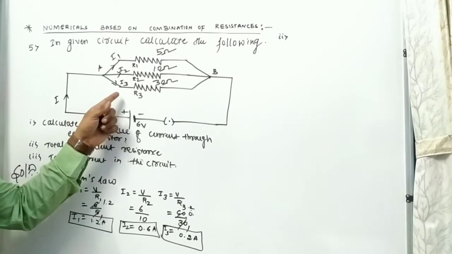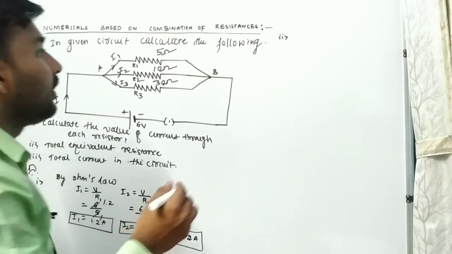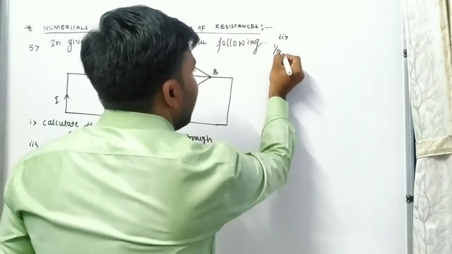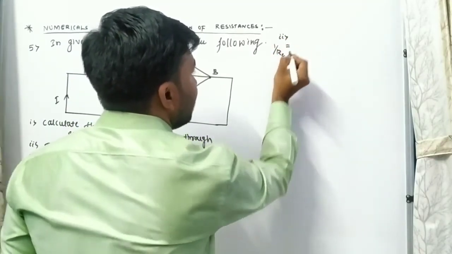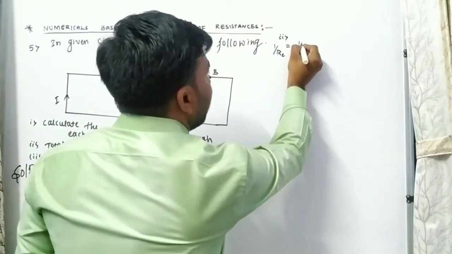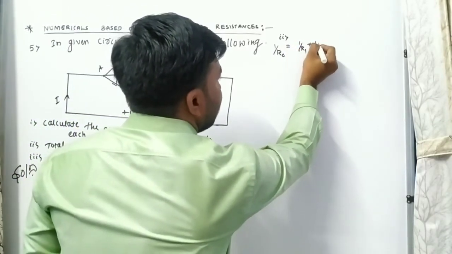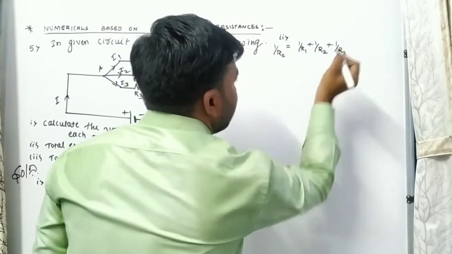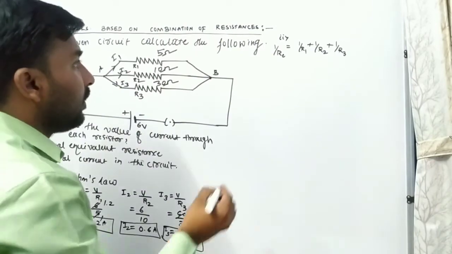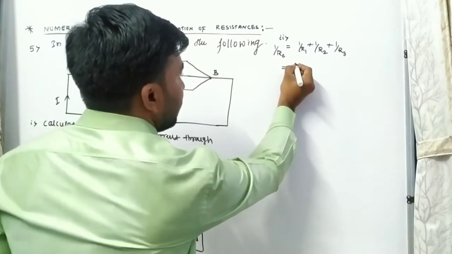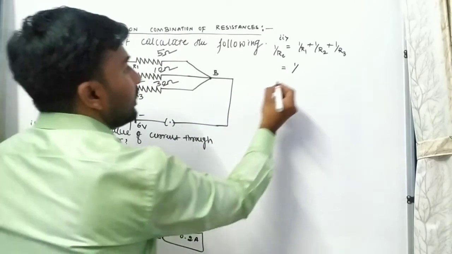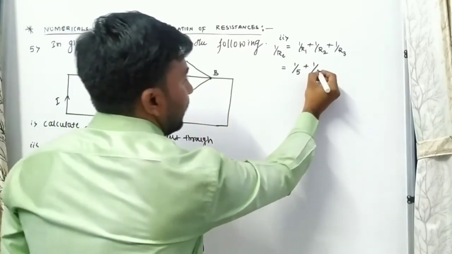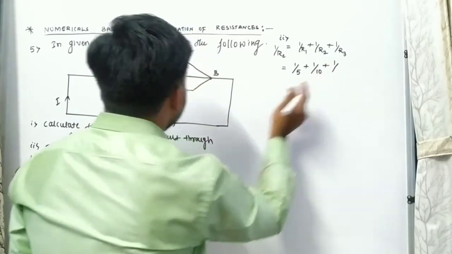As these are connected in parallel, the total equivalent resistance is given by 1 by R equivalent is equal to 1 by R1 plus 1 by R2 plus 1 by R3. Now this is equal to 1 divided by 5, 1 by 10, 1 by 30.